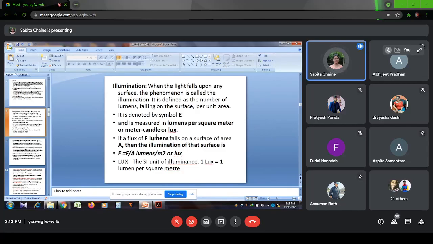These are the terms. If you are acquainted with these terms, then you can solve the problems. The question will ask not only the definitions. By using this formula, you can calculate efficiency, utilization factor, and all other terms related to light. These terms are very important.